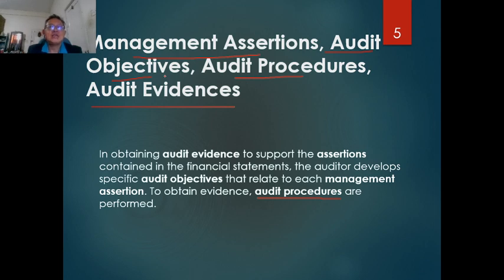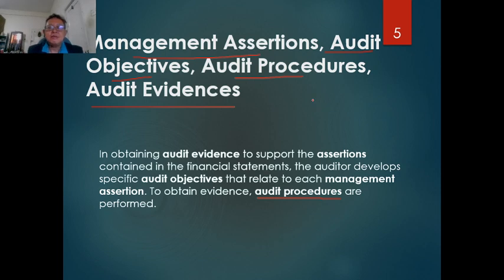Then from that audit objective, you need to identify the audit procedure, how you are going to perform your audit to check whether the sales are completely recorded. From there, you gather sufficient evidence, related to the sampling just now, and appropriate evidence, the type of evidence that you collect. That is how these things are related.